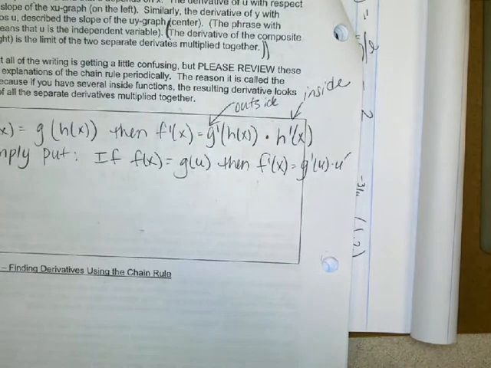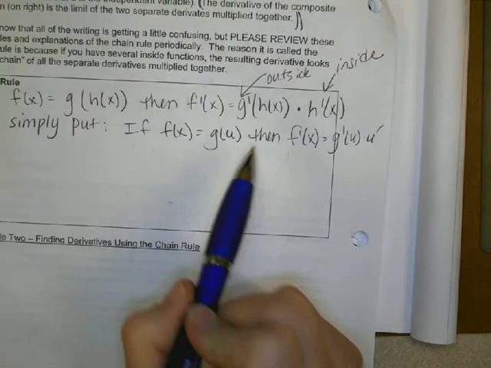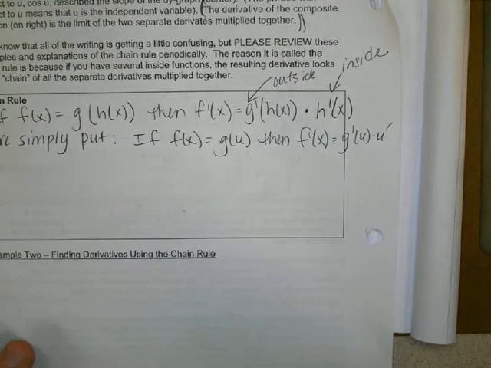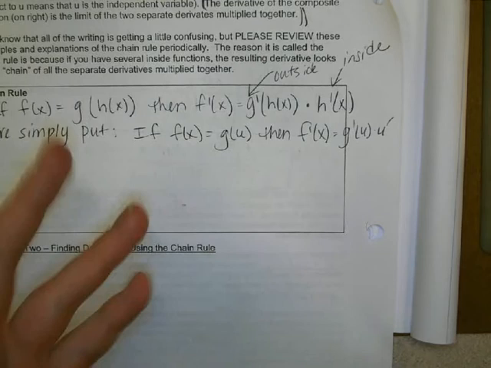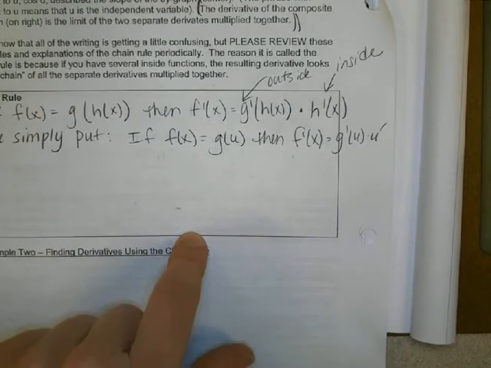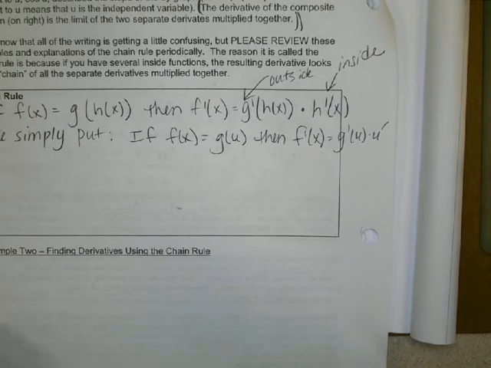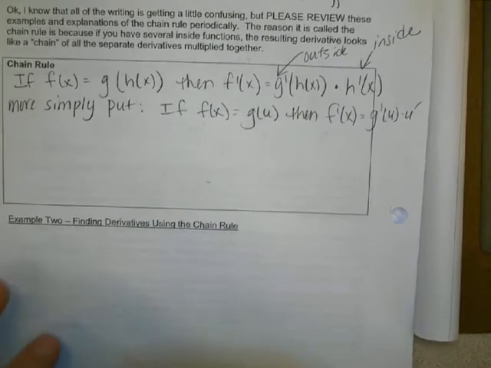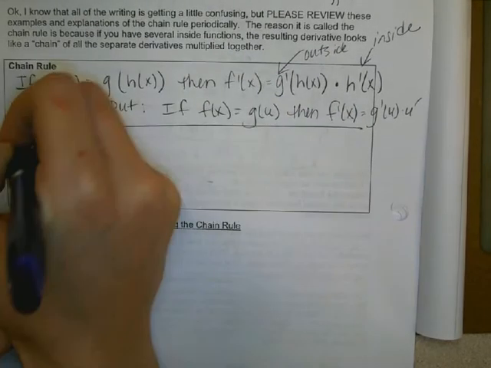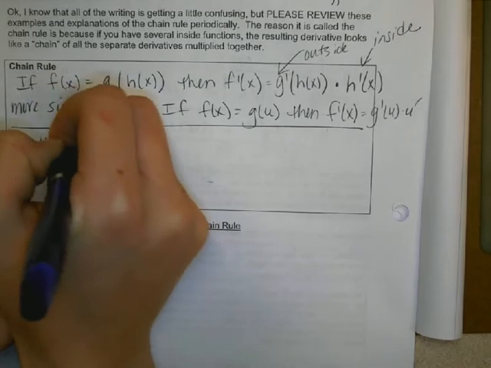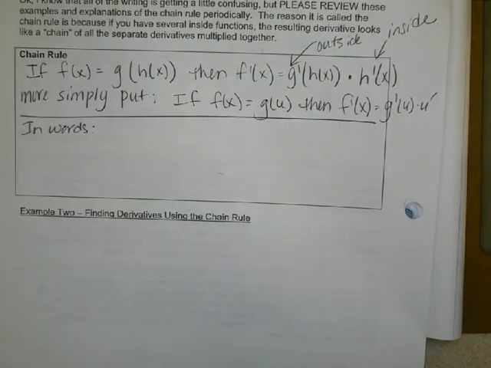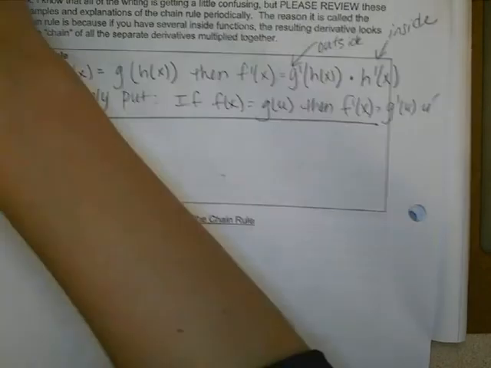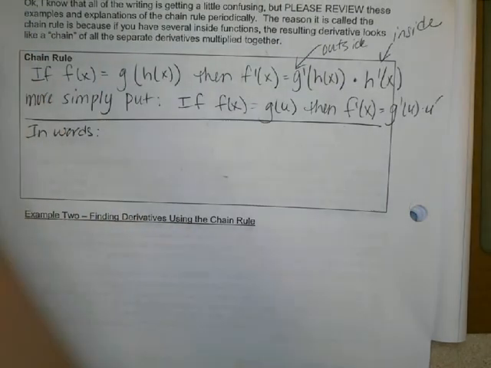Okay, so just two different notations, and I'm going to start using u as a variable more and more often because u substitution is something we have to use when we get to integration. And so if you're already comfortable using it in terms of deriving things, you're going to be a little more comfortable with it. Okay, so inwards. And I know I'm stressing this three different times, but this is, again, one of the most used derivative rules that we have.